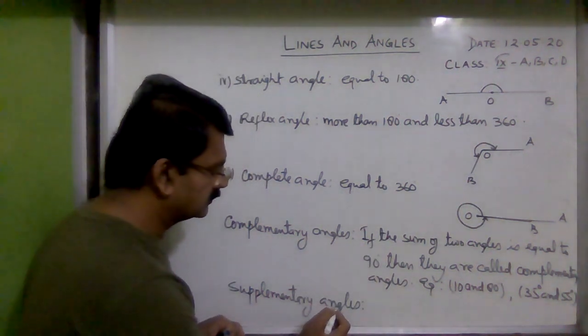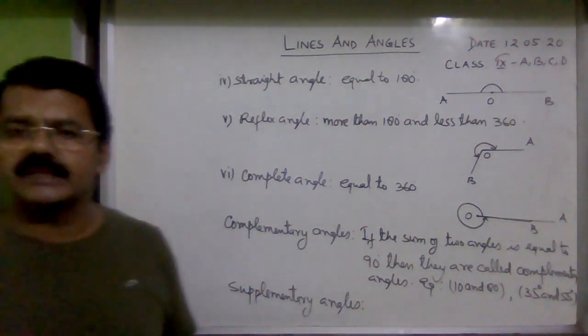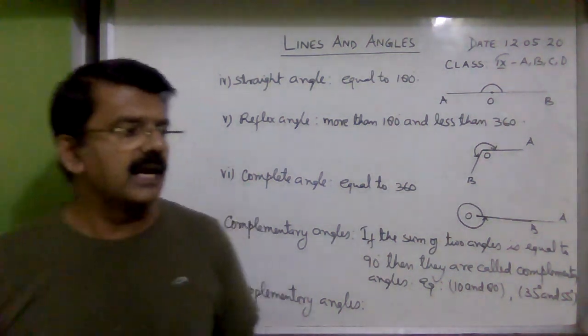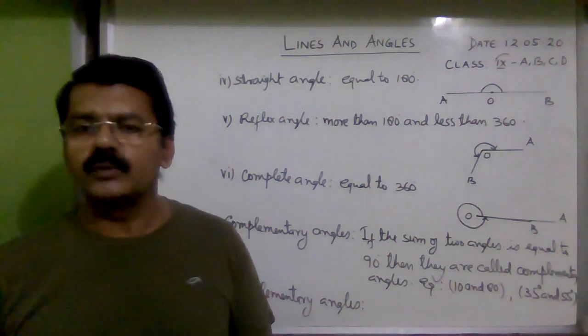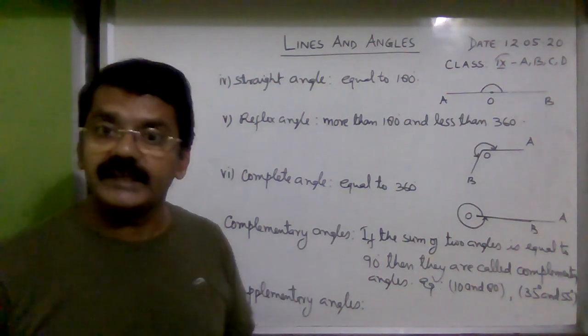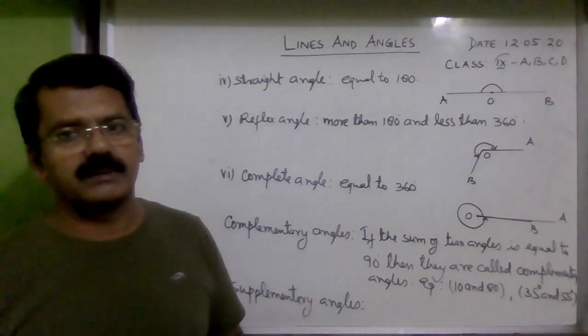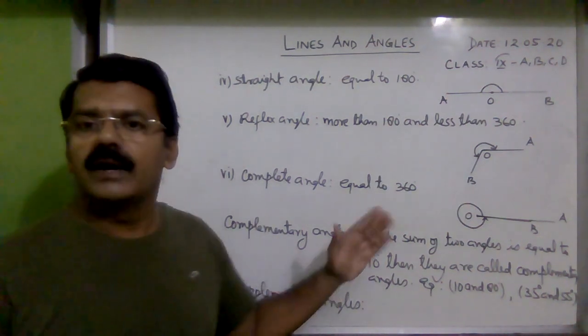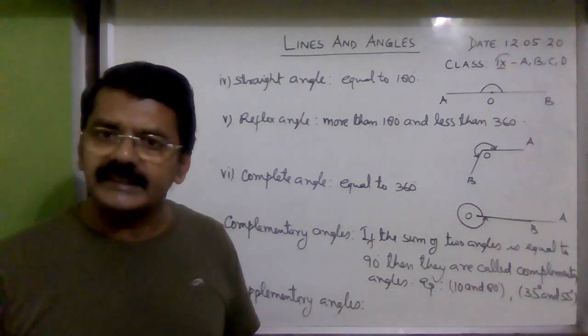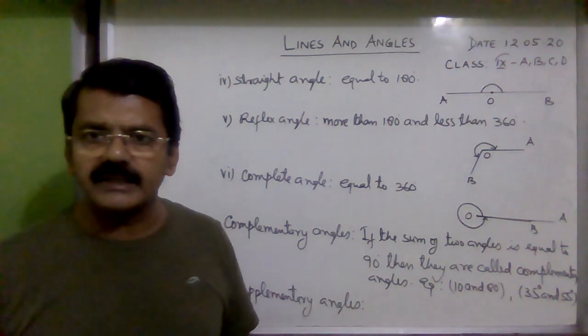Now supplementary angles. Supplementary angles are again for a pair of angles. When the sum of two angles is equal to 180 degrees, then they are called supplementary angles. So remember, when the sum of two angles is 90, then they are called complementary angles.